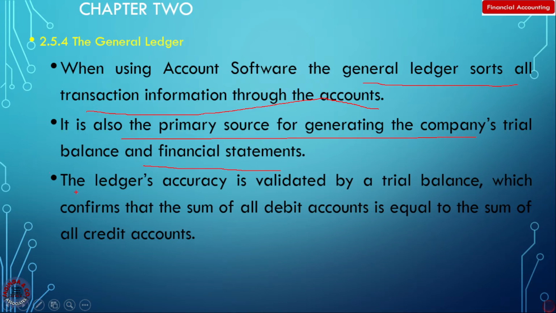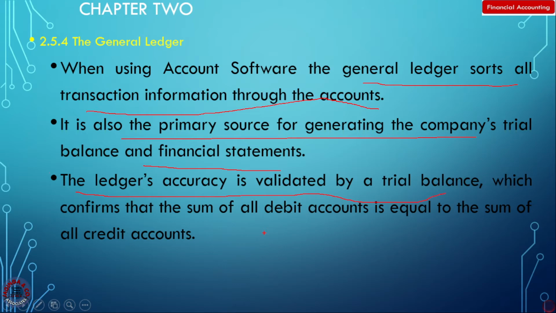Lastly, we are being told that the general ledger accuracy is validated by the trial balance, which confirms that the sum of all debit accounts equals the sum of all credit accounts. This statement comes from the double entry concept, that for every debit entry there must be a credit entry.